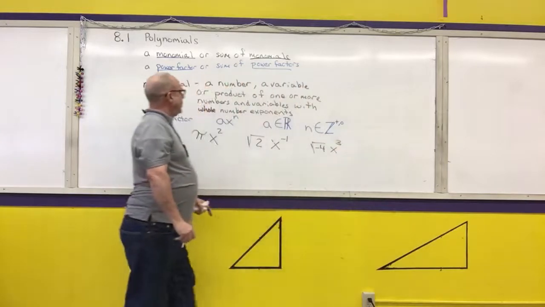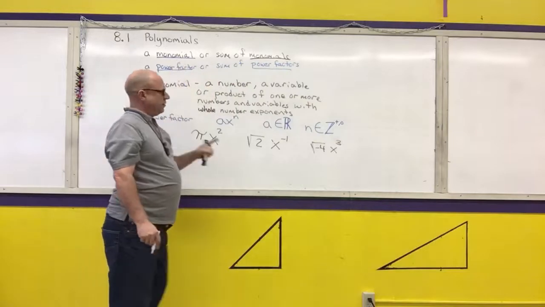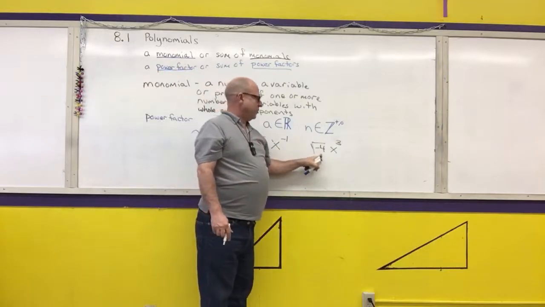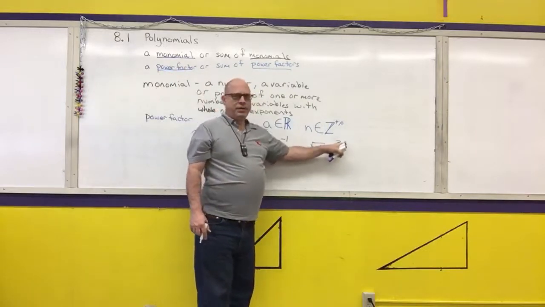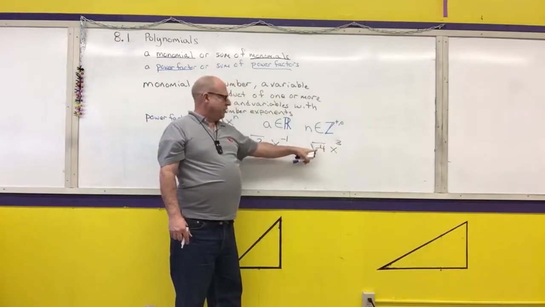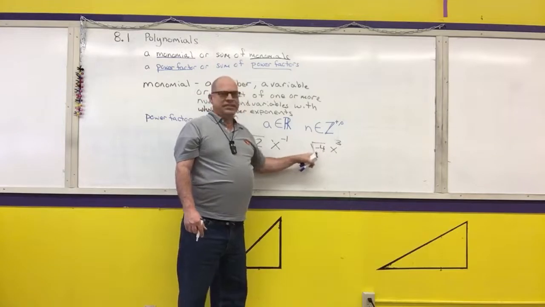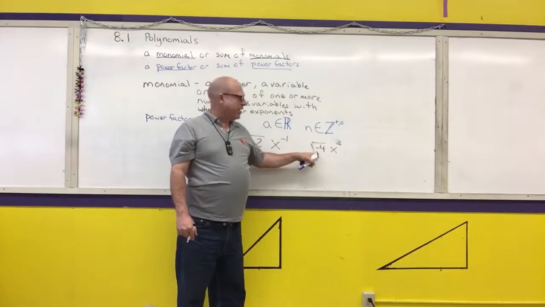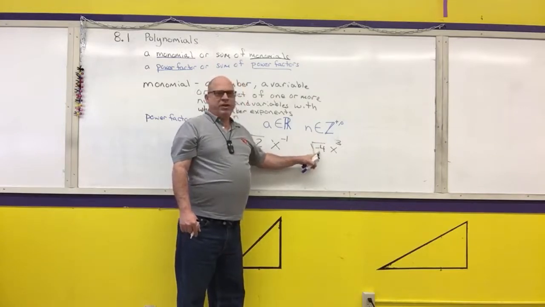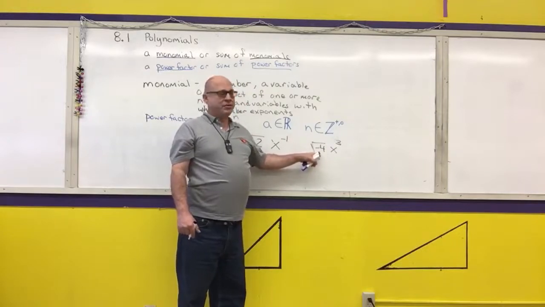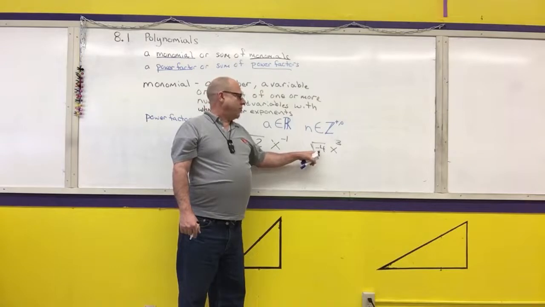Another non-example for a monomial or a power factor would be the square root of negative 4 times x cubed. In Algebra 2, you're going to figure out that we get imaginary numbers anytime we take an even root of a negative number. So we no longer have a real number here. You cannot give me a real number multiplied by itself that gives you negative 4.